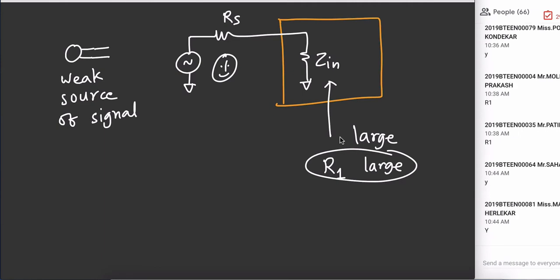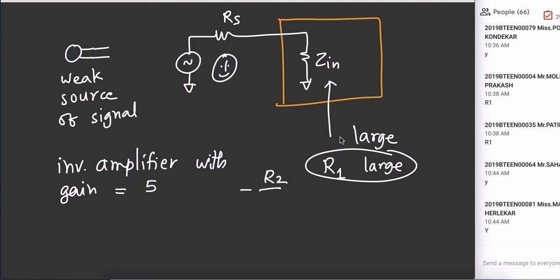Okay. Now why this is useful is that, for example, suppose we are designing an inverting amplifier with gain equal to 5, and the equation is minus R2 by R1.